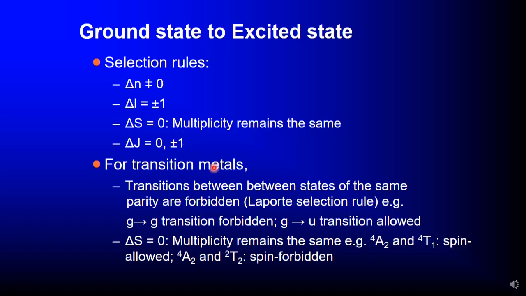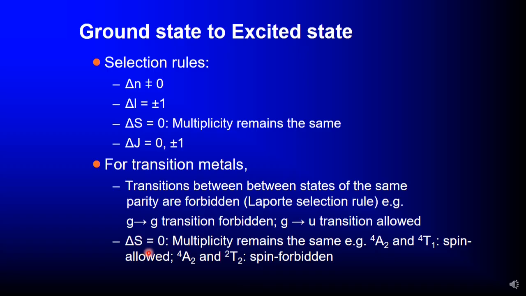For transition metals, transitions between states of the same parity are forbidden, what we call the Laporte selection rule. For example, G to G transition is forbidden, G to U transition is allowed.